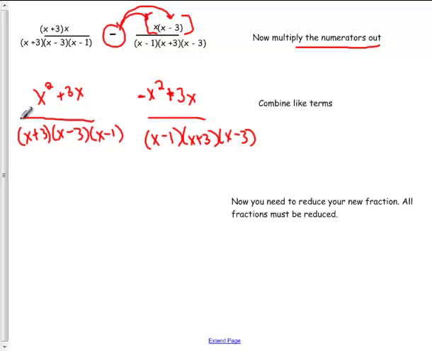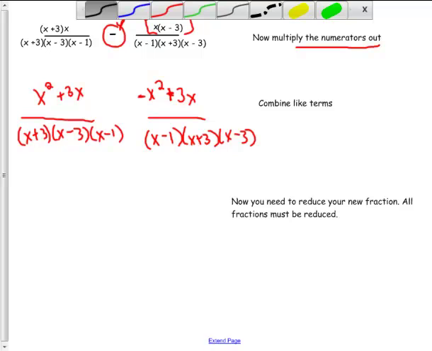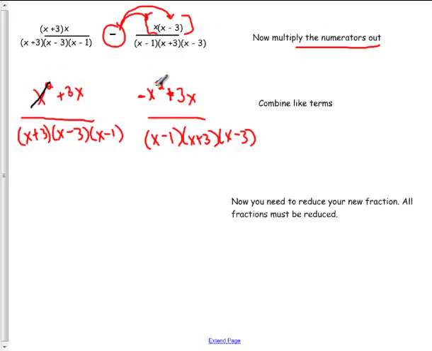So now when I combine everything, x squared and a minus x squared cancel out. A positive 3x and a positive 3x give me 6x. And I'm left on the bottom, x plus 3, x minus 3, x minus 1.